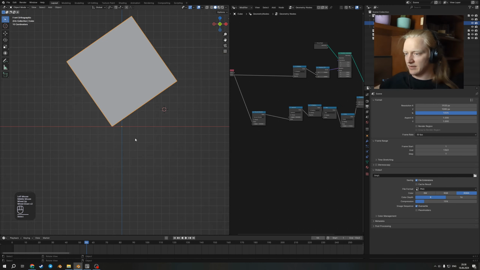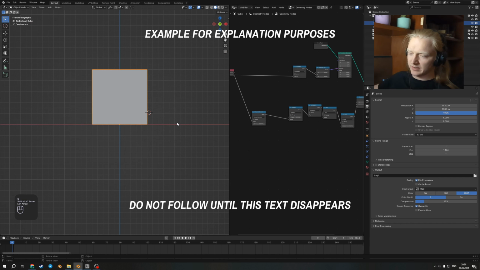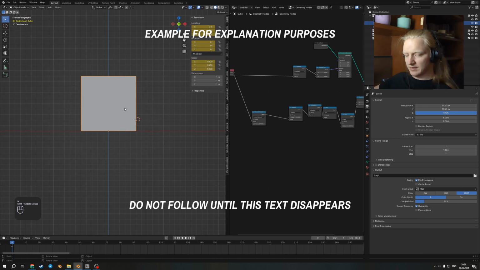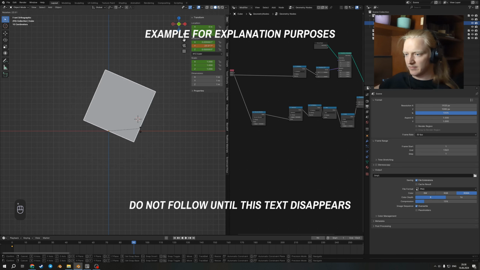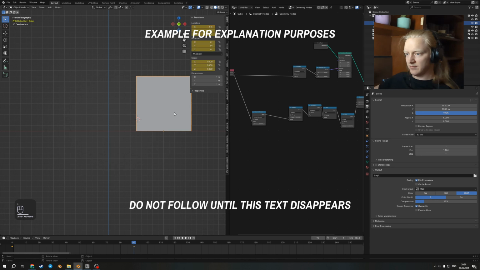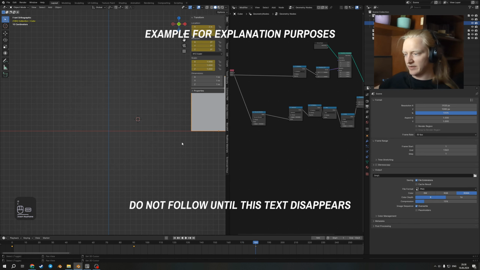Now let's add the x-axis offset. You would think that you can just animate it like this, put it in the first position, add keyframe, go for frame 90, go x1, and put keyframe here. Go to 180, go x1, and put keyframe here.